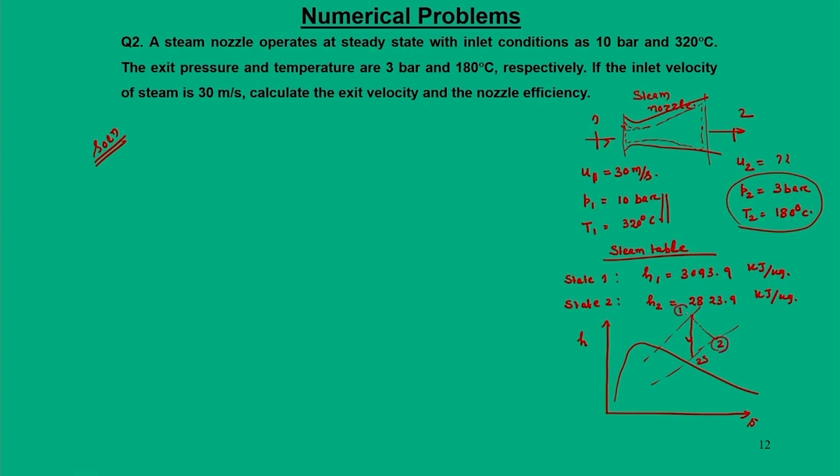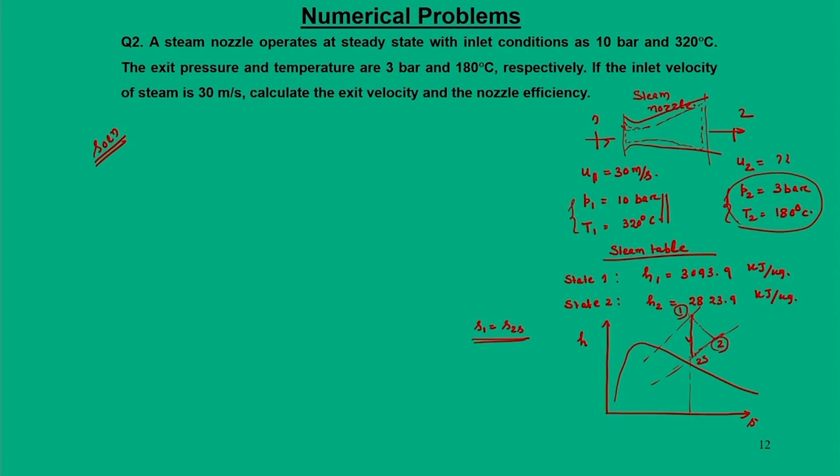But the data given, conditions 1 and 2, obviously represent the actual state. Now, if this steam would have expanded in an isentropic manner, it would have reached H2S. On this line, the 1 to 2S process, the entropy remains constant. So I can say S1 is equal to S2S.